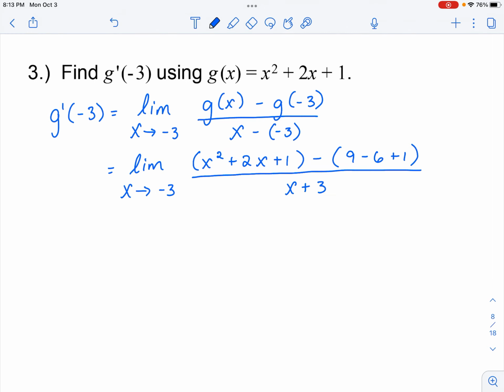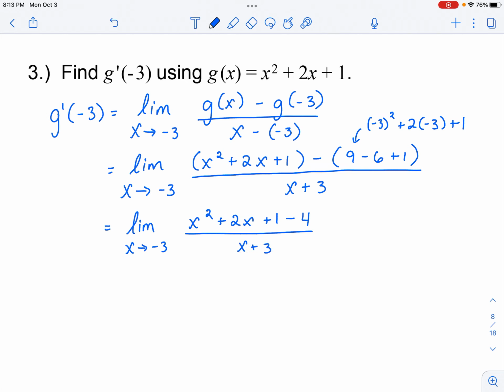Okay, so again, this came from finding negative 3 squared plus 2 times negative 3 plus 1. So that was the direct substitution for g of negative 3. So what I really have in the parentheses there, let's see, 9 minus 6 is 3, plus 1 is 4. So I'm looking at the limit as x approaches negative 3 of x squared plus 2x plus 1 minus 4 all over x plus 3.